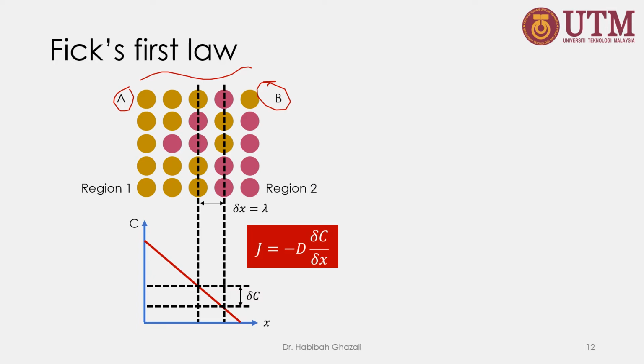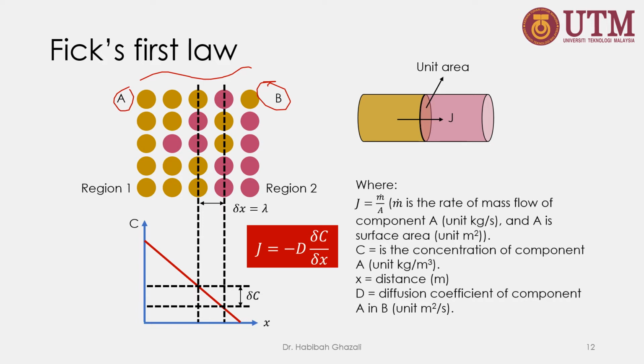What Fick did was basically measure the number of particles crossing an area per unit time. So what he measured is what we call the flux. He measured the number of atoms A, in this case, crossing this area per unit time. So he came up with this equation. This equation here, I wrote it wrongly in your notes, so please correct it.